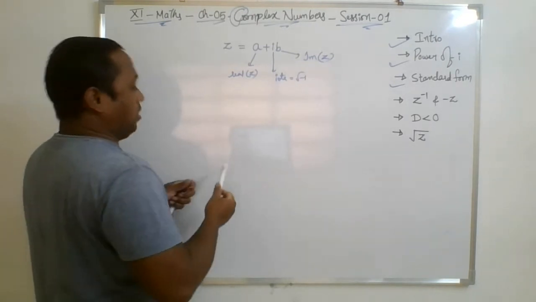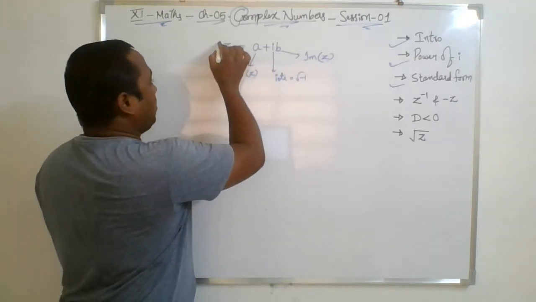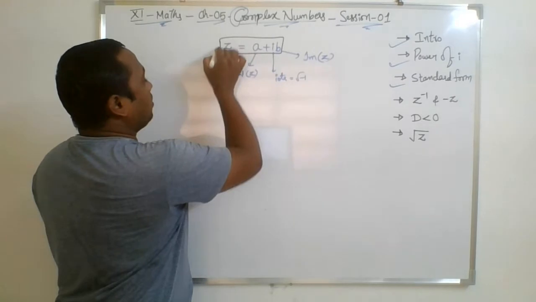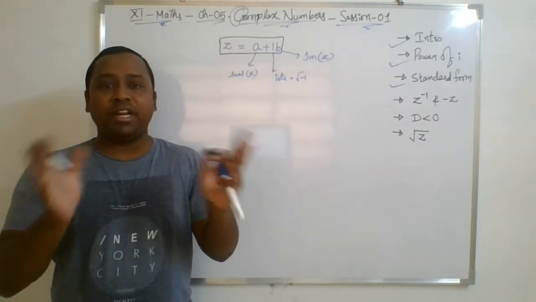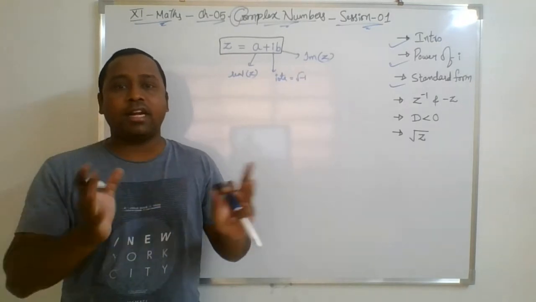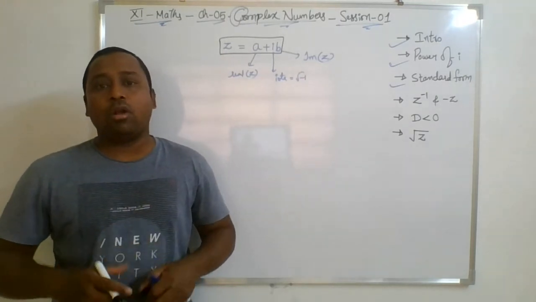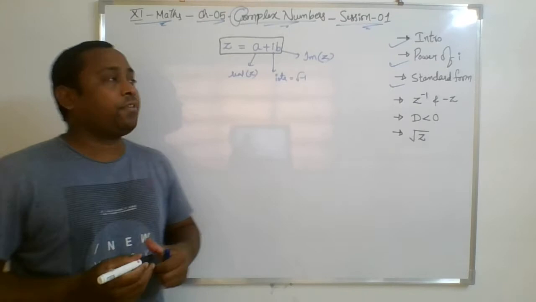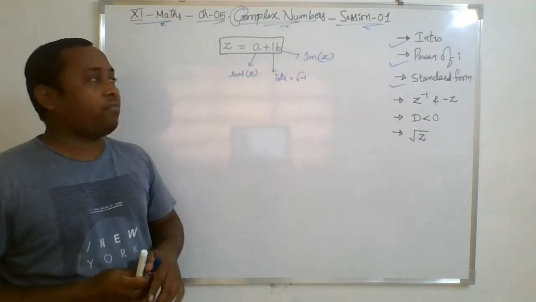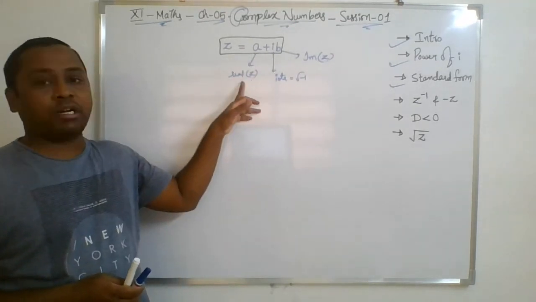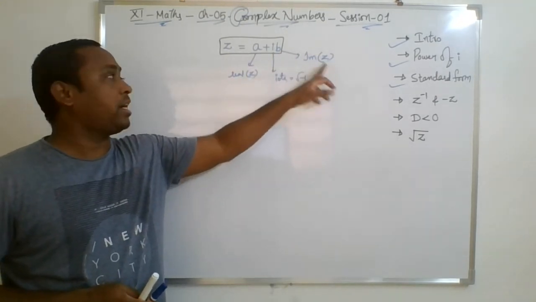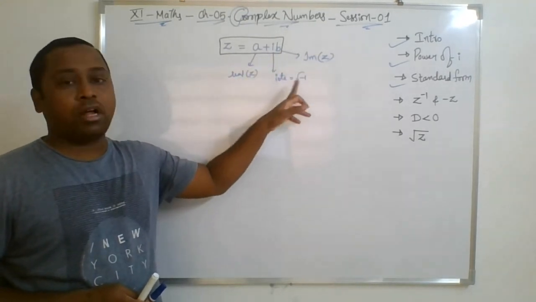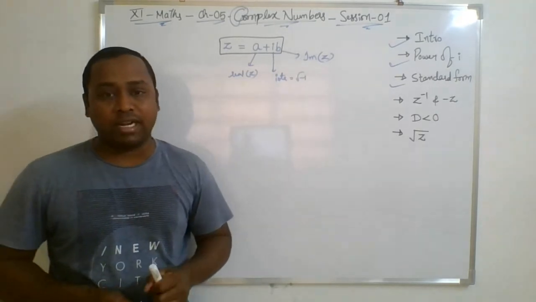So here the complex number is denoted by small z, which is always written as the combination of real and imaginary number, always in the form of a plus ib, where a stands for the real part of z, b stands for the imaginary part of z, i stands for iota, whose value is under root of minus 1.